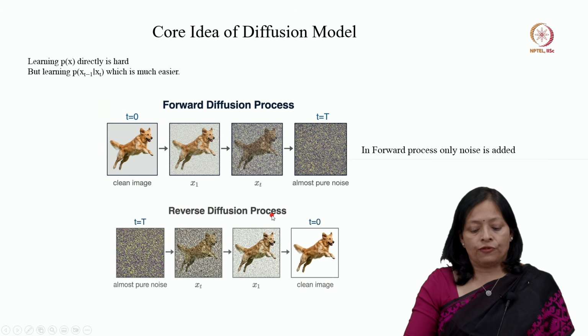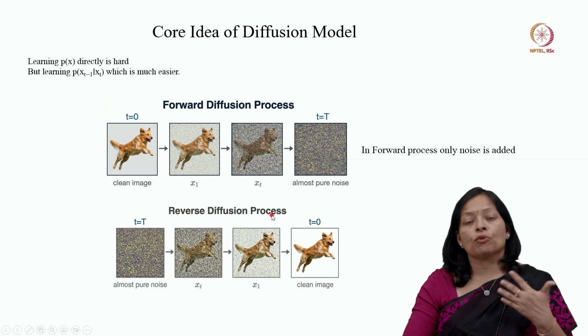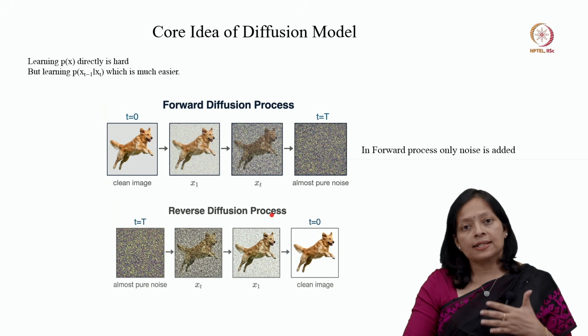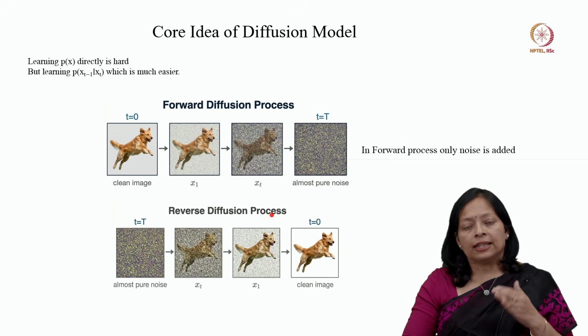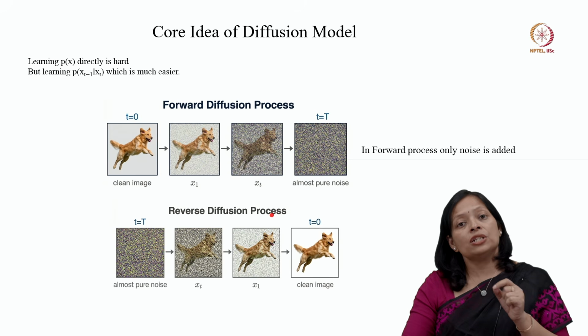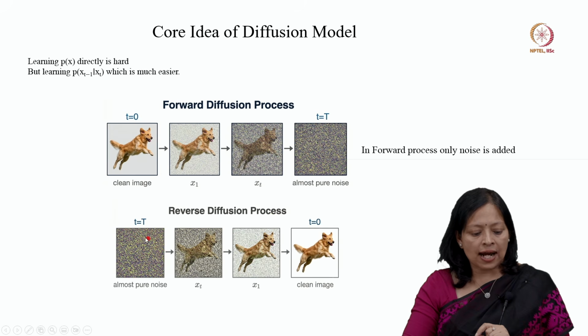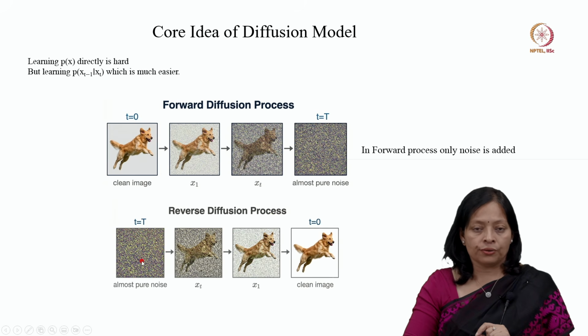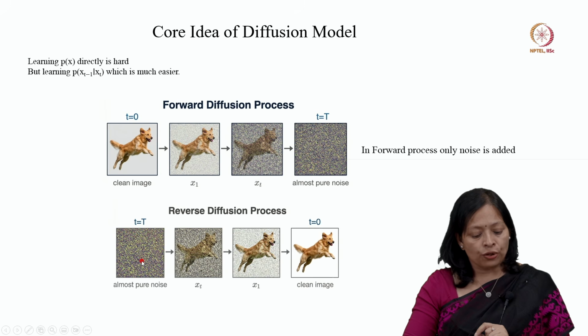In the reverse diffusion process, that is where your model learns. Now, what does the model learn? The model learns to denoise the image. So, you start from almost pure noise, and then you take out some noise, and in the next step some more noise is taken out.